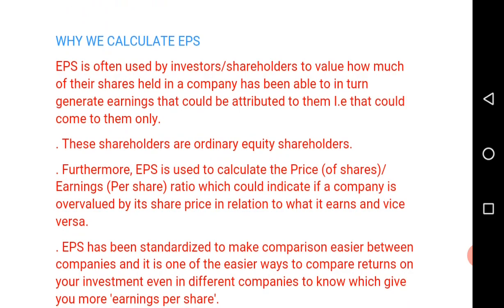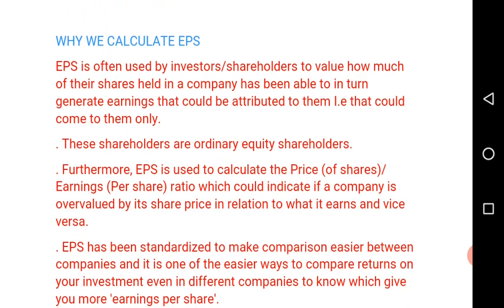So from here we could see that the price earnings ratio is the price of shares divided by the earnings per share that we would calculate to get the ratio. This could indicate if a company is overvalued by its share price in relation to what it earns, and vice versa.